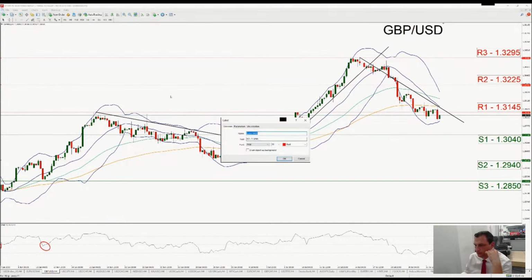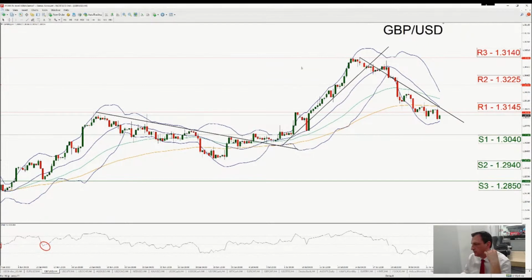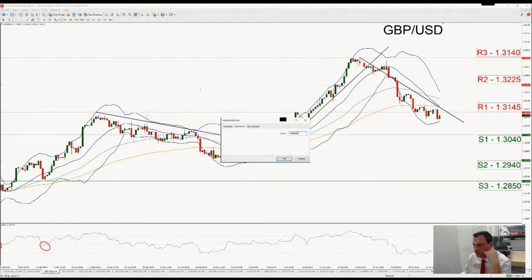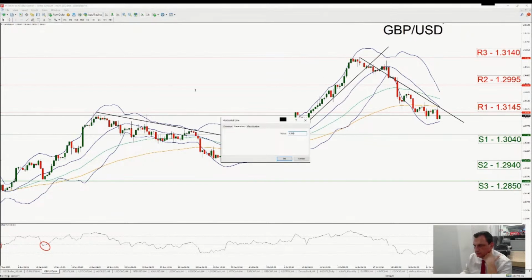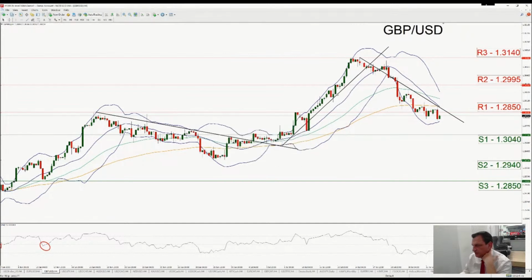$1.3140, the new ultimate resistance line. The R2, which is being based practically on this peak here, is at 1.2995. R1 at 1.2850. The S1 at 1.2730.